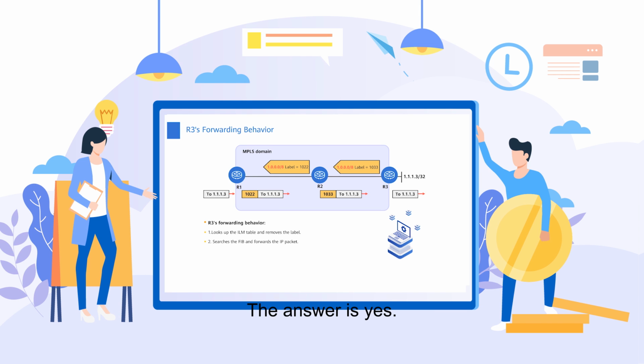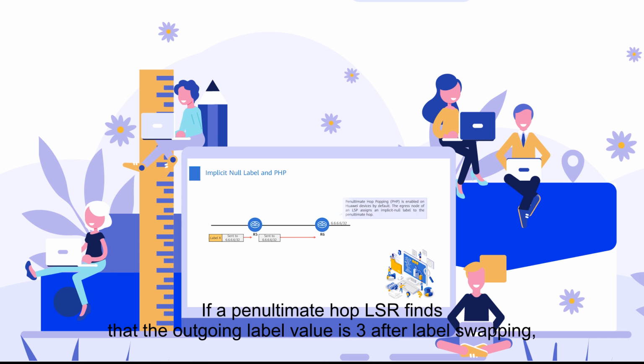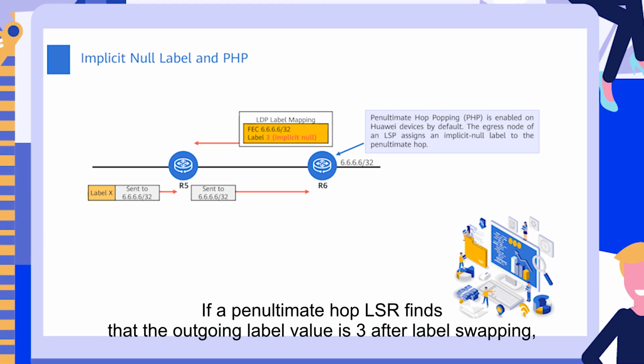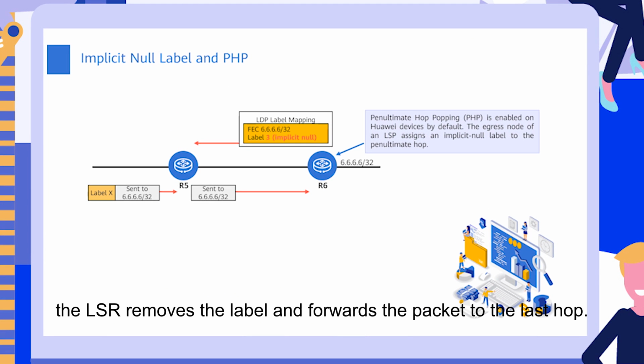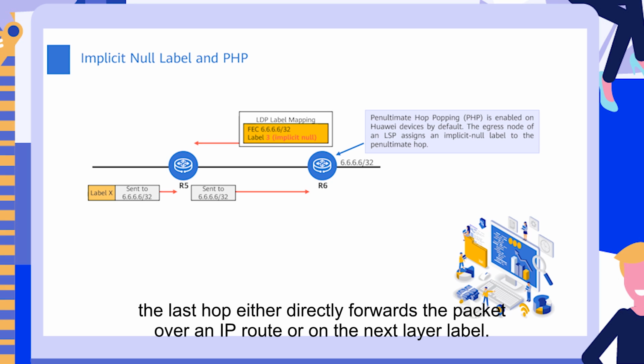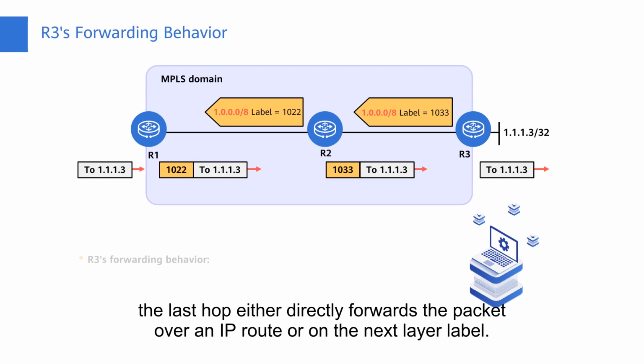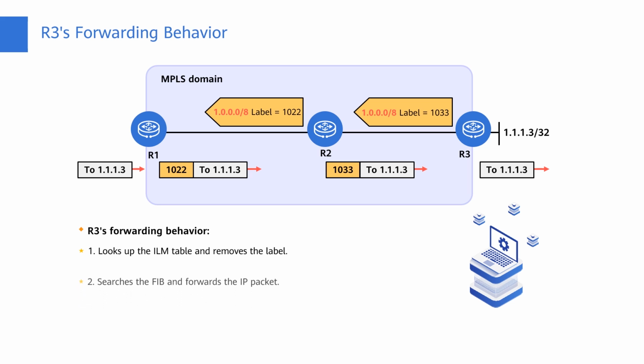The answer is yes. The label of value 3 is called an implicit null label. If a penultimate hop LSR finds that the outgoing label value is 3 after label swapping, the LSR removes the label and forwards the packet to the last hop. Once the packet is received, the last hop either directly forwards the packet over an IP route or based on the next layer label.